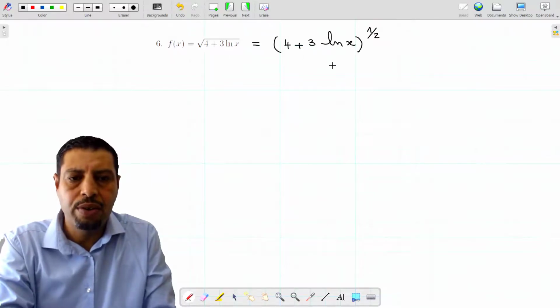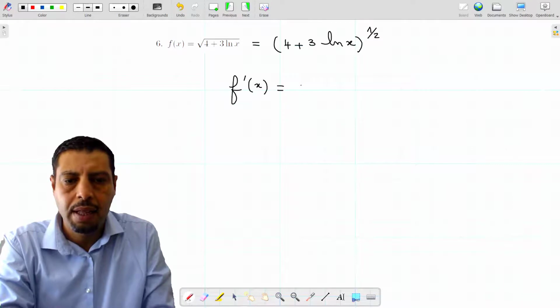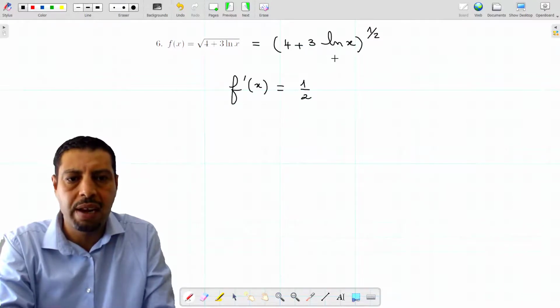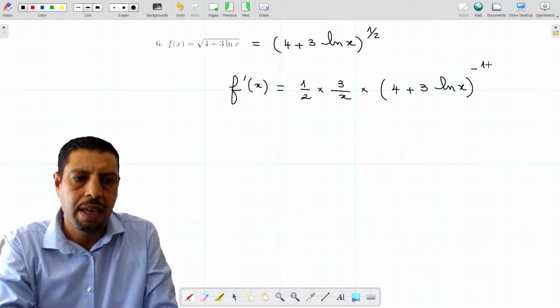So now we can use the power rule to find the derivative of this function, which is f prime of x equals half times the derivative of 4 plus 3 ln of x, which is 3 over x, times (4 plus 3 ln of x) to the power of negative half, because half minus 1 gives negative half, okay?